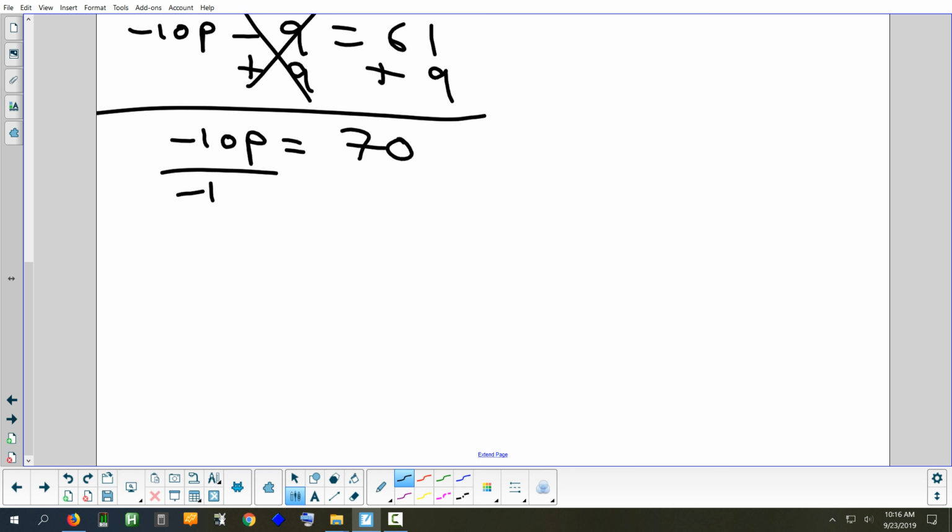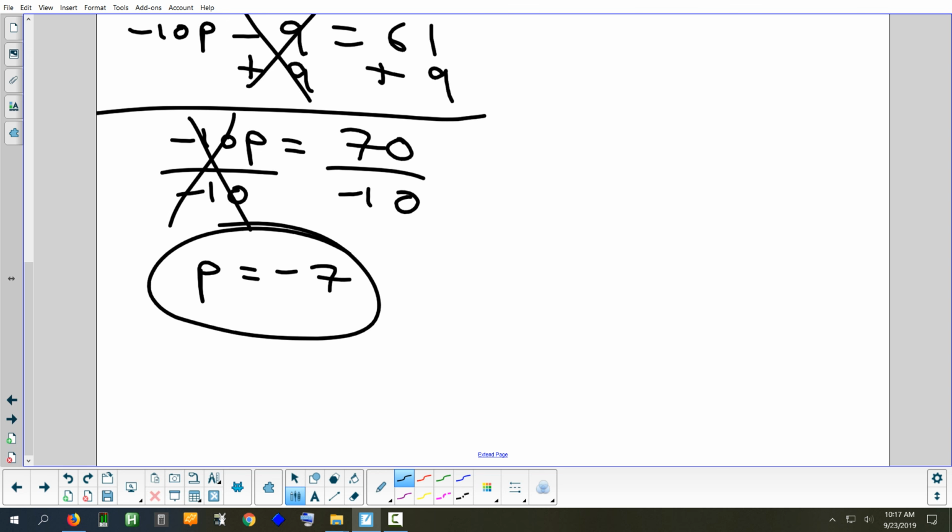Yes, underneath on both sides. Negative 10 divided by negative 10, gone. Gives you 1p equals, and now what's positive 70 divided by negative 10? Yeah. Negative 7. Negative 7. Nice. Okay. Any questions on that?